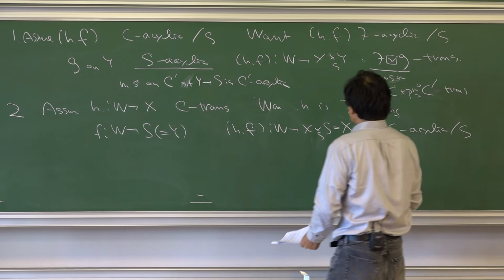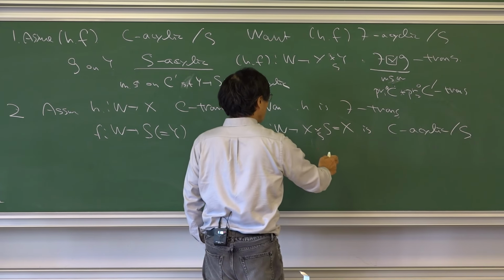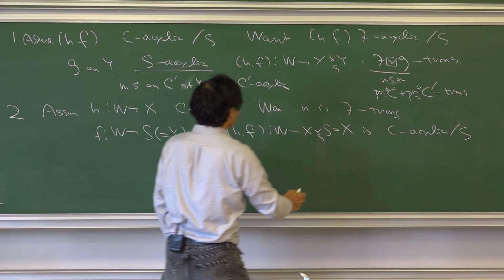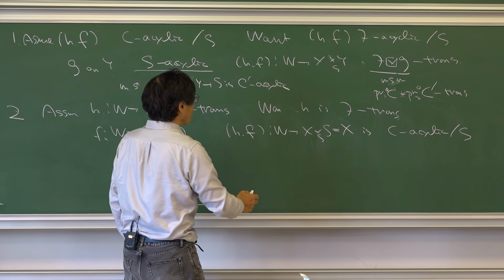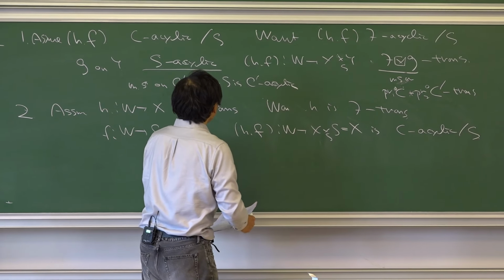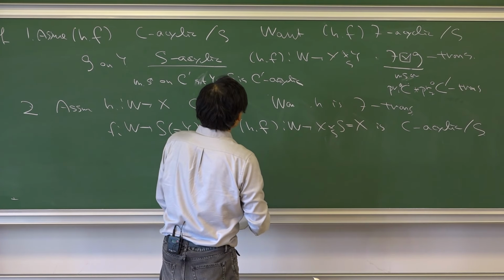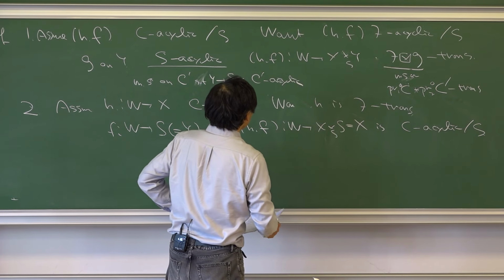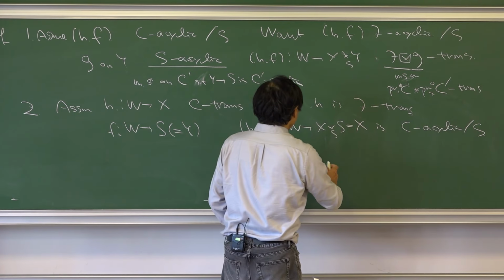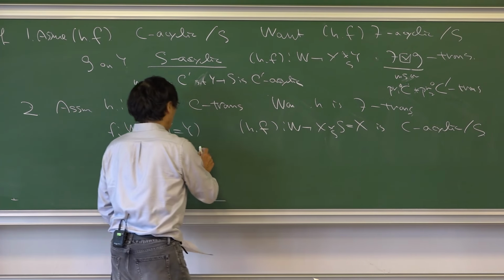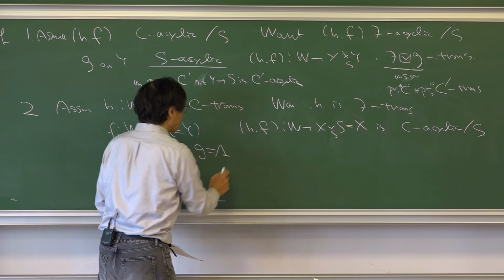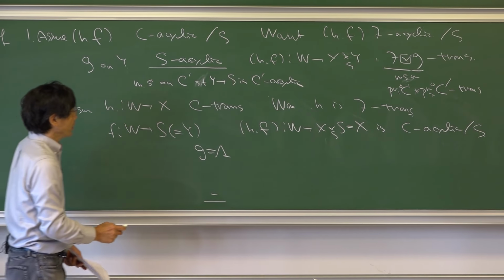So, yeah, then we can take as G just the constant sheaf.